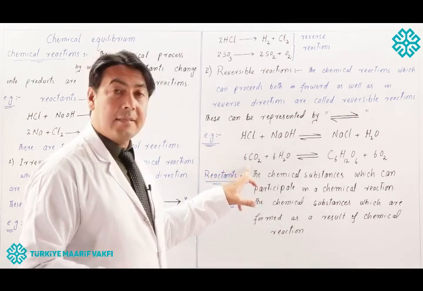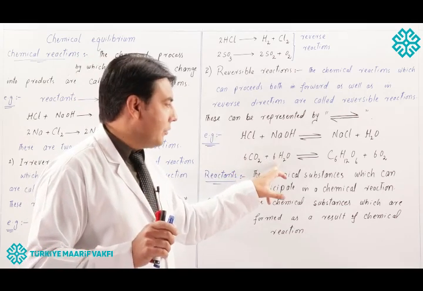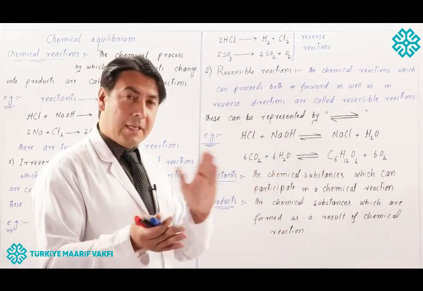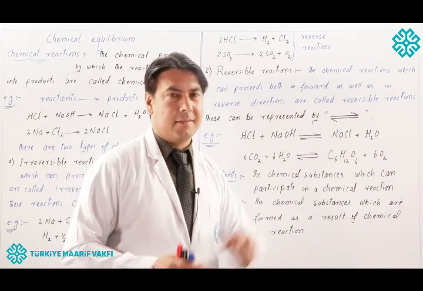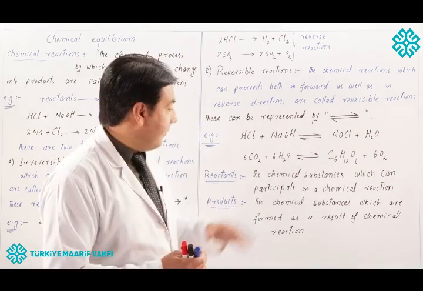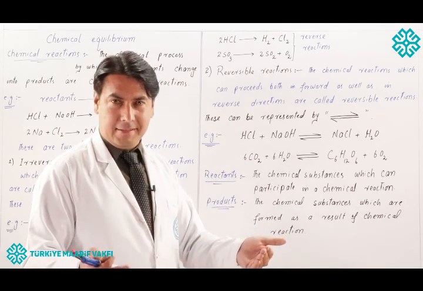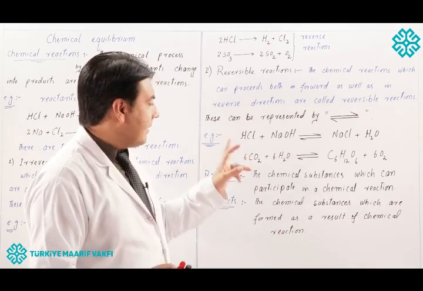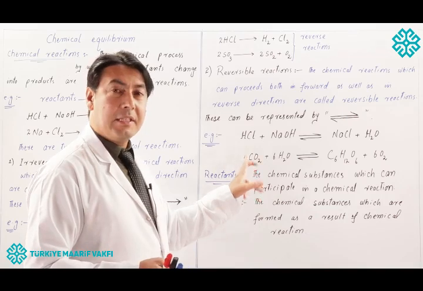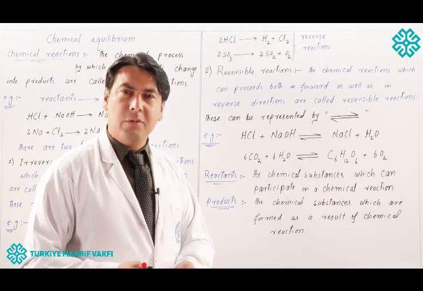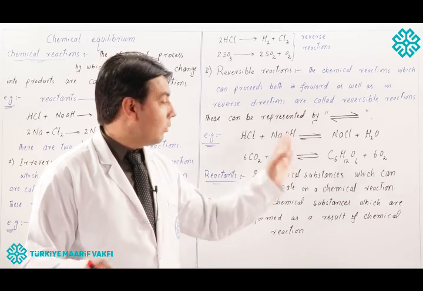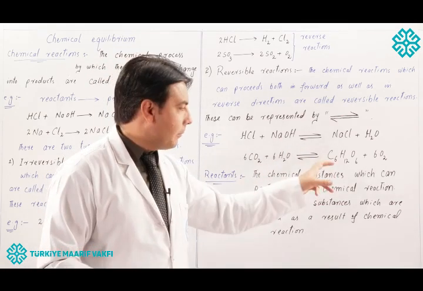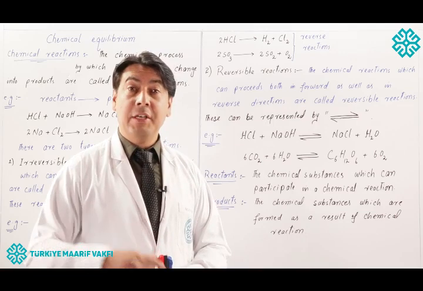Similarly, 6CO2 plus H2O, when combined together, produce glucose plus oxygen. This is photosynthesis. In photosynthesis, carbon dioxide reacts with water and produces glucose and oxygen.